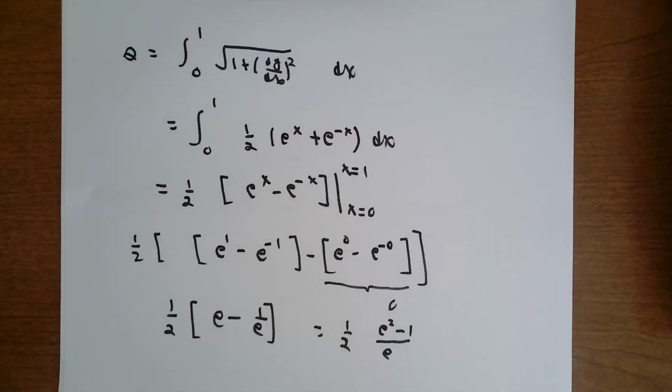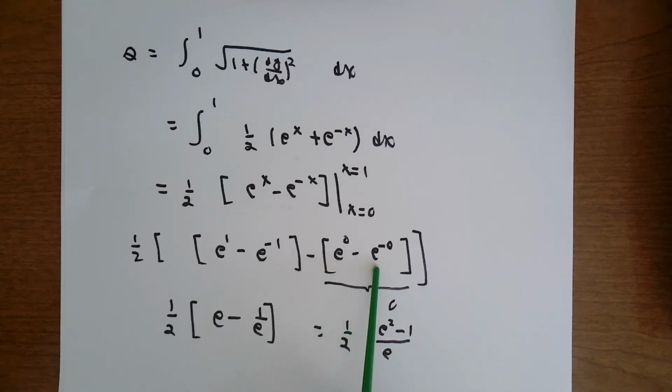An antiderivative is 1/2 multiplied by e to the x minus e to the negative x. I have to evaluate that between x equals 0 and x equals 1. E to the 0 is 1. Negative of 0 is 0.